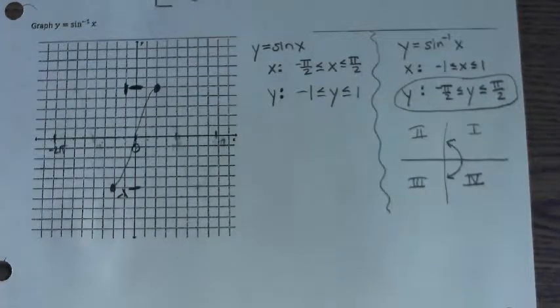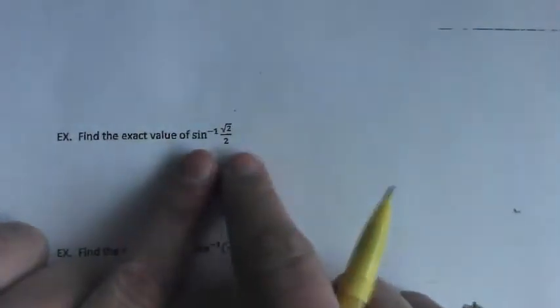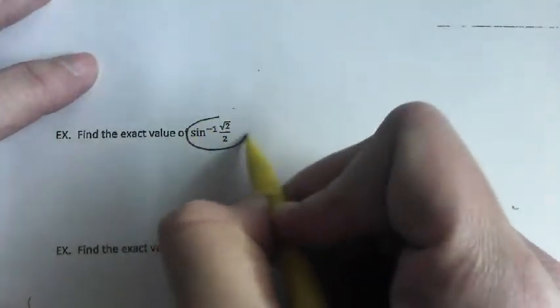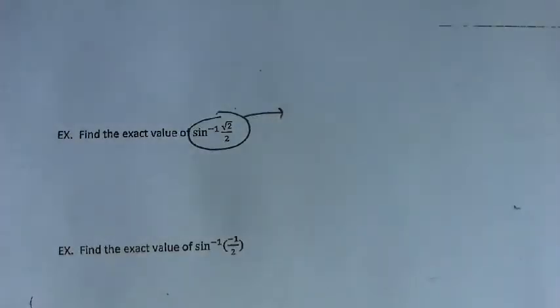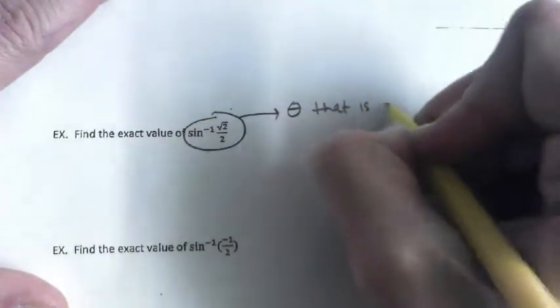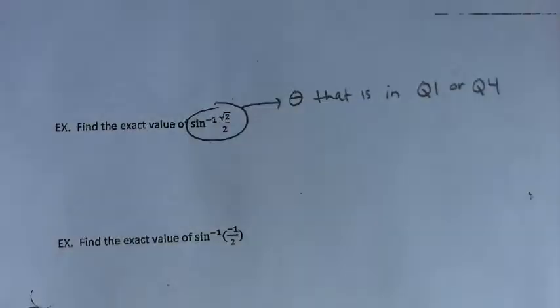So if you are asked for, and we'll go down to the example below. We'll go back up to that graph in a minute because we're not done with that. Well, we go down to an exact value. The inverse sine of root 2 over 2. Our answer has to be an angle that is in quadrant 1 or quadrant 4.